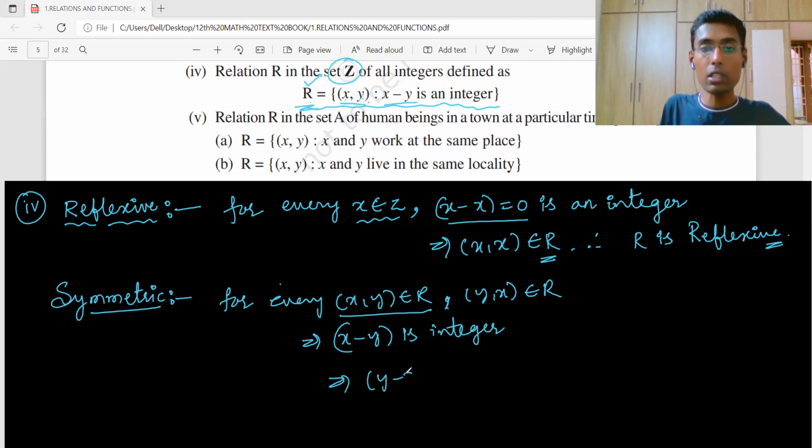That implies that y minus x is also an integer.